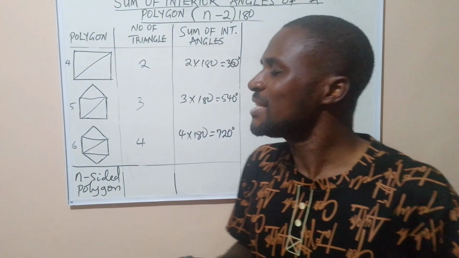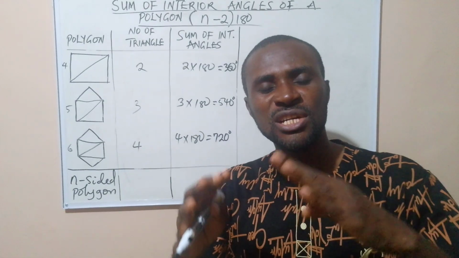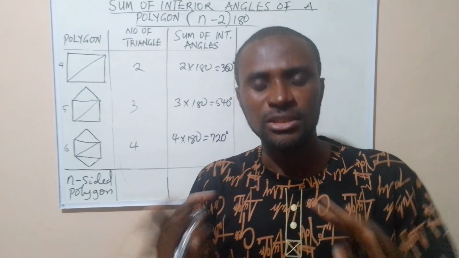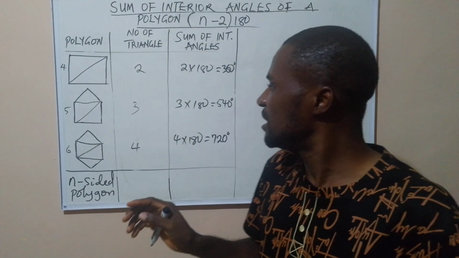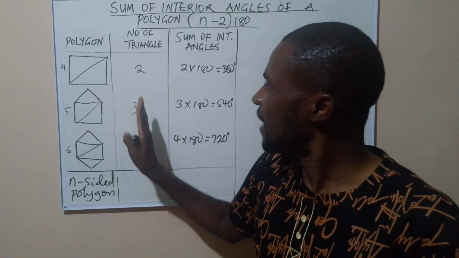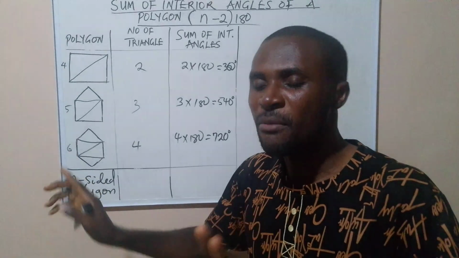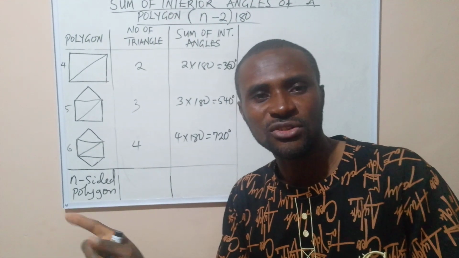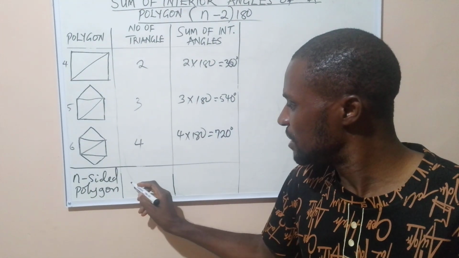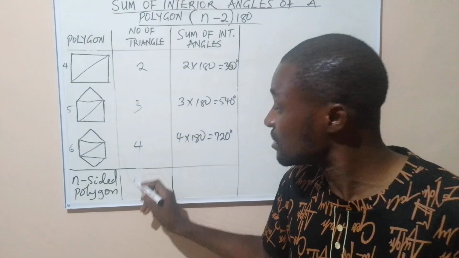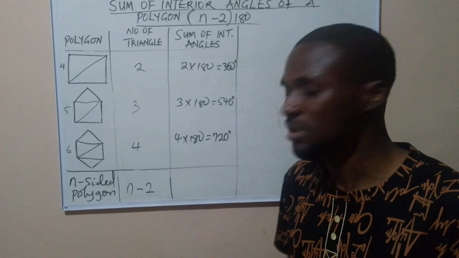So it entails that for any polygon, if you want to know the total internal angle, you first find the number of triangles. You notice that the number of sides minus 2 gives it. So if we are having an n-sided polygon, the number of triangles will simply be n minus 2, isn't it?